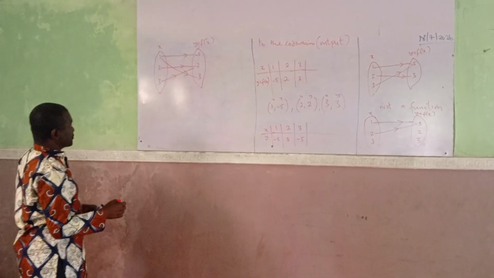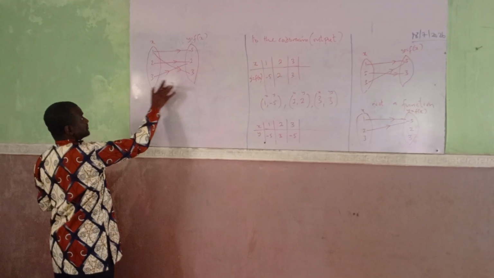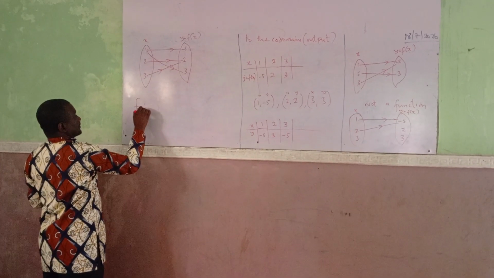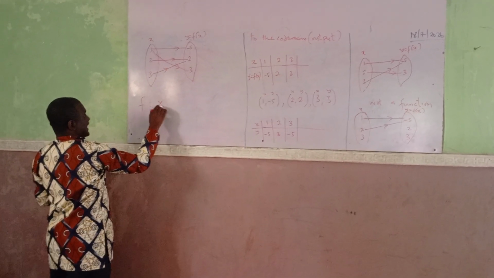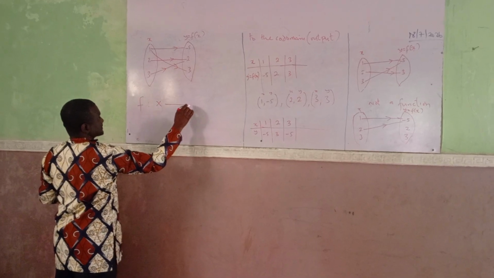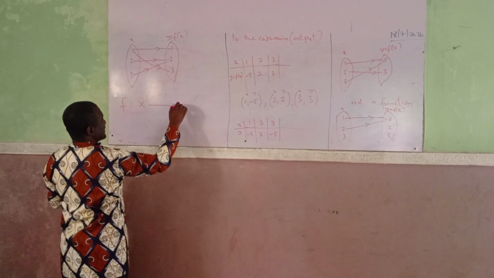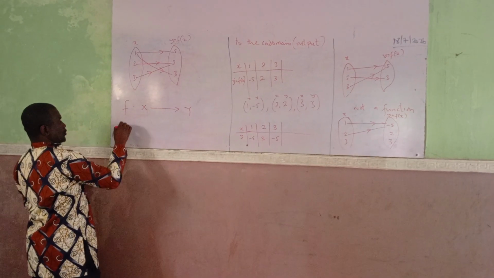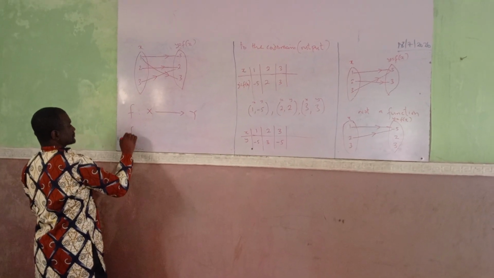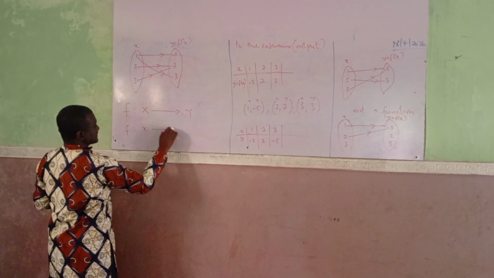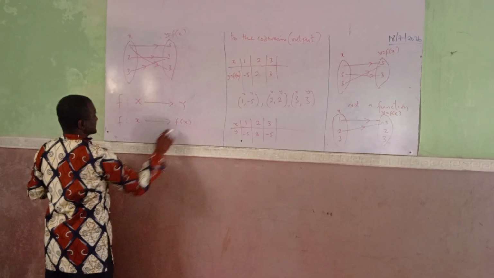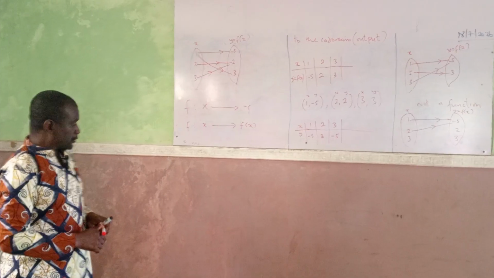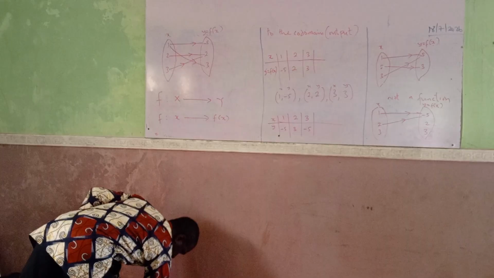Now, a function can also be represented in this form. Apart from a diagram form like this, we can say that f is mapping x, an element from the x domain, to an element in the y codomain. So we can represent it like this, f of x. This representation also is a function. And we also have different alphabets that are used.